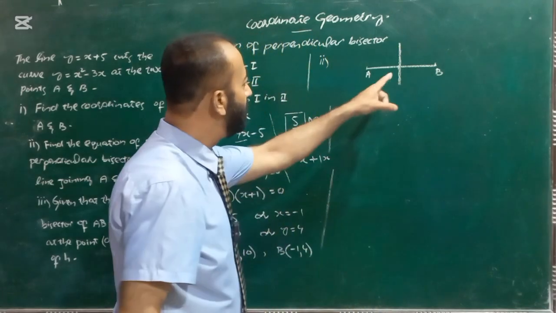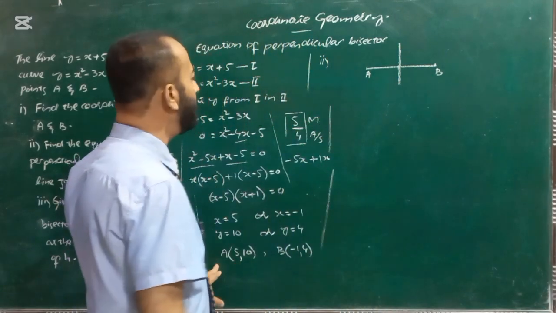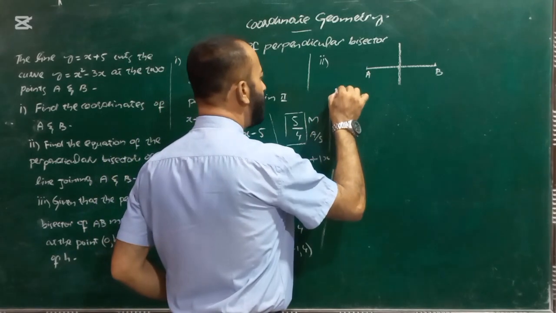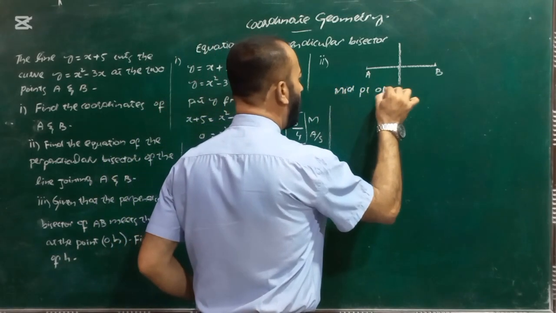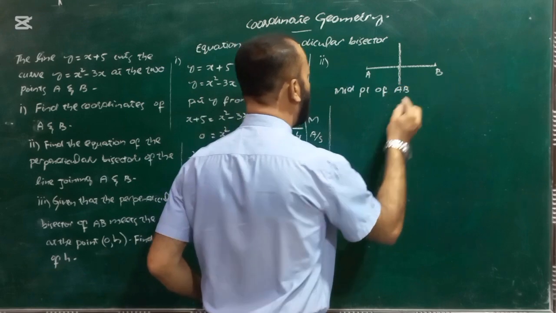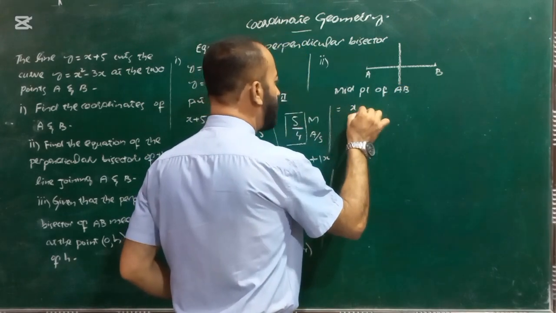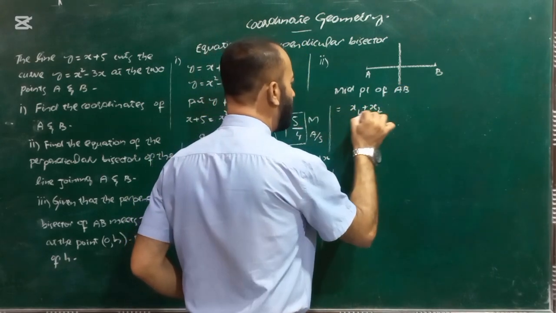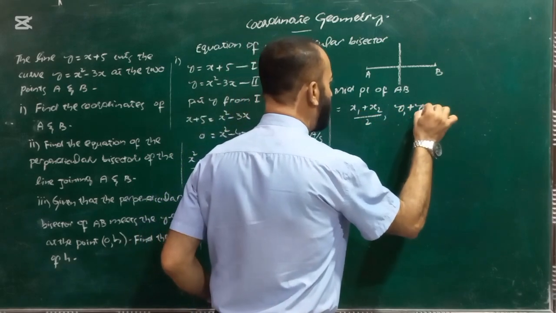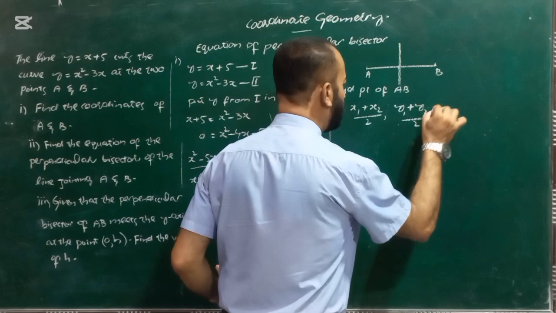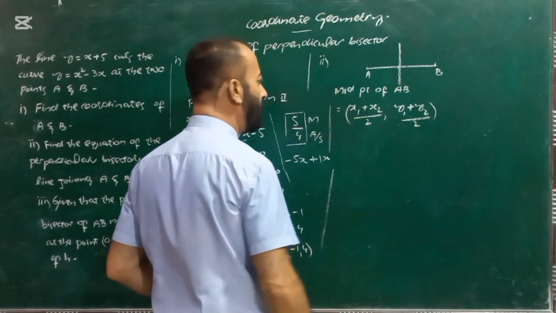So it means first we will find the midpoint of A and B. The formula will be x1 plus x2 divided by 2, y1 plus y2 divided by 2.